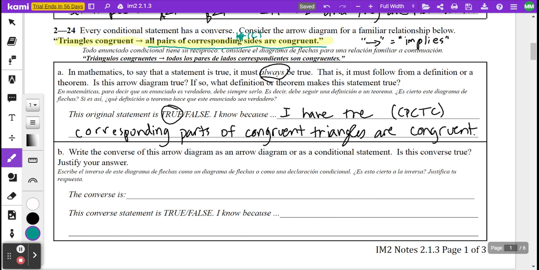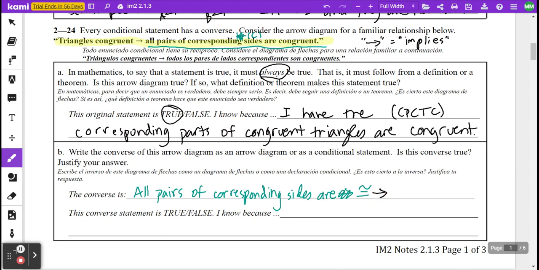So all pairs of corresponding sides are congruent implies, and the conclusion of my converse should be the hypothesis of my original statement. And so I'm going to say that all pairs of corresponding sides are congruent implies that triangles are congruent.